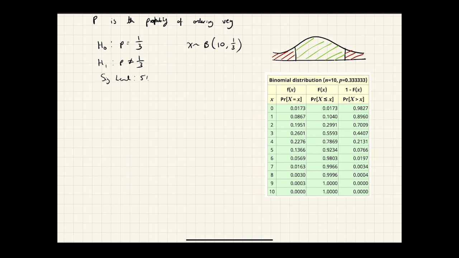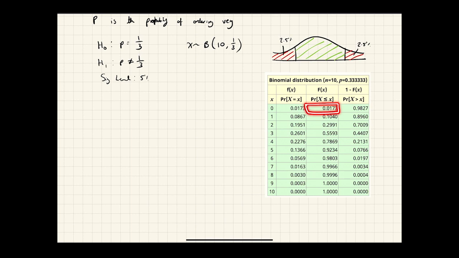But anyways, we want to figure out what's the lower tail, and based on that, which values we reject and which ones we accept. First thing to remember is the significance levels. These are both 2.5% because we halve it on a two-tailed test. Taking a look at our table, we can see 0 has a value of 0.0173.